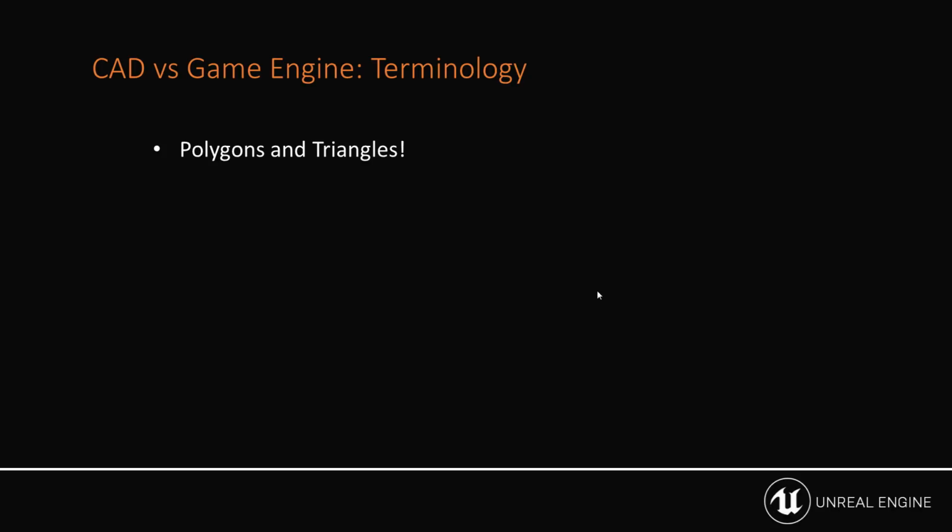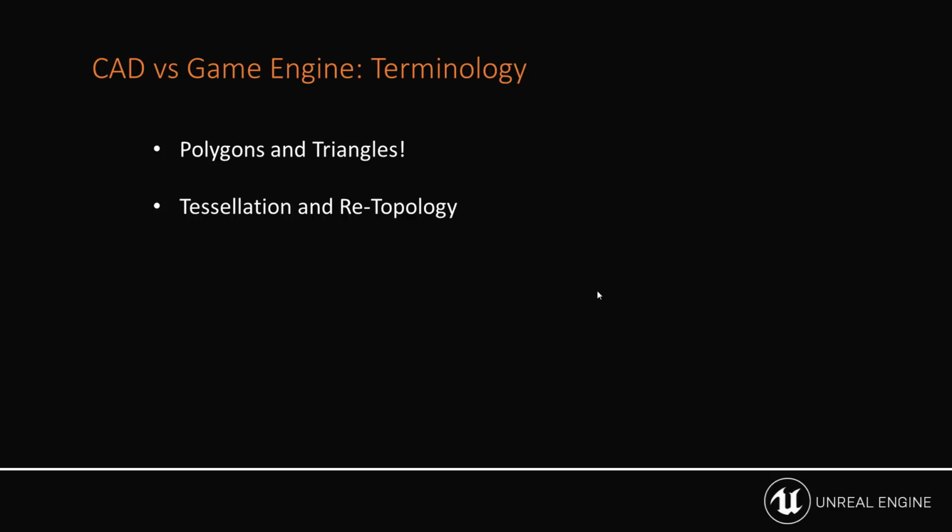So in a game engine, that's always been a bit of a battle, taking that dense CAD data, dense in the sense that once it's translated to polys and tris, it can be very, very big, something that's not going to perform well in a game engine. But the trick there is to get something that tessellates nicely, is accurate to the CAD data, but performs well within the game engine.